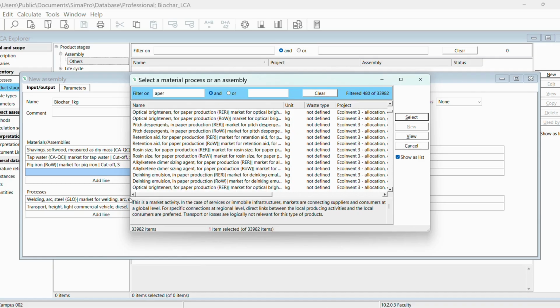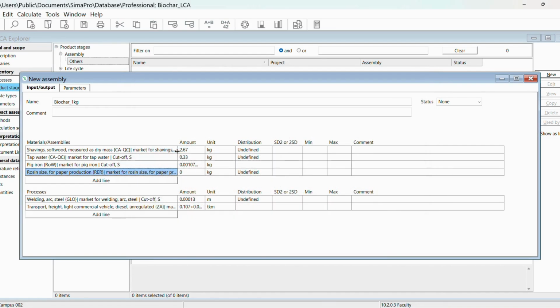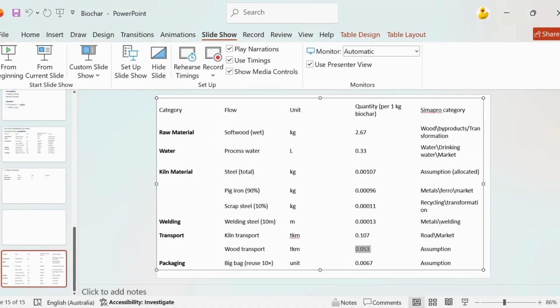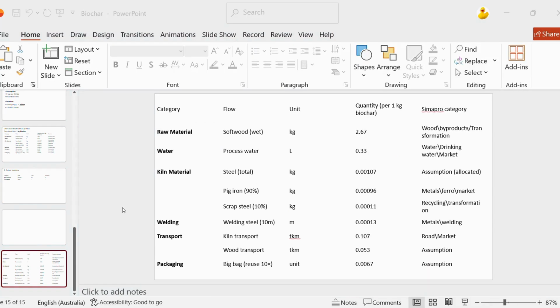So for our purpose we are going to consider rosin size paper production. And let's update its quantity, which is 0.0067. So here the unit of that bag is in piece, but for simplicity I have considered it as a weight. Basically we have to find the volume and then multiply with the density of the paper material.